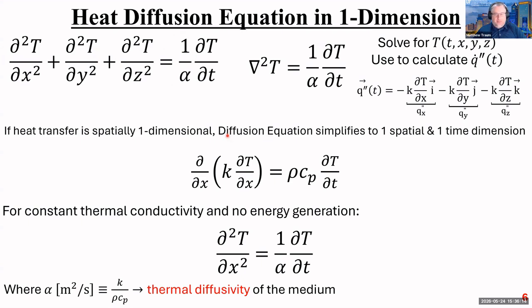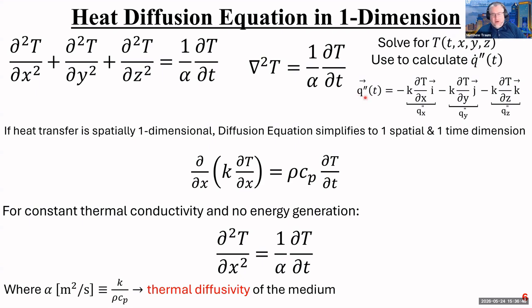I should mention, because I've got it up here, I'm kind of ignoring it. One benefit of having the full-blown equation, which we'll actually use in a couple of the example problems moving forward, is once you've got temperature with respect to time, x, y, and z coordinates, you can plug into the Fourier equation to solve for q, the heat flux, at any particular time.